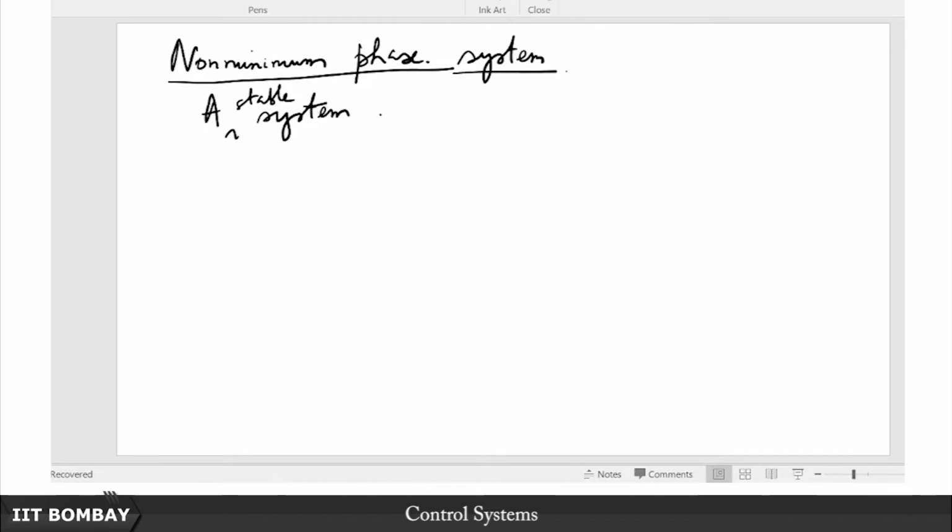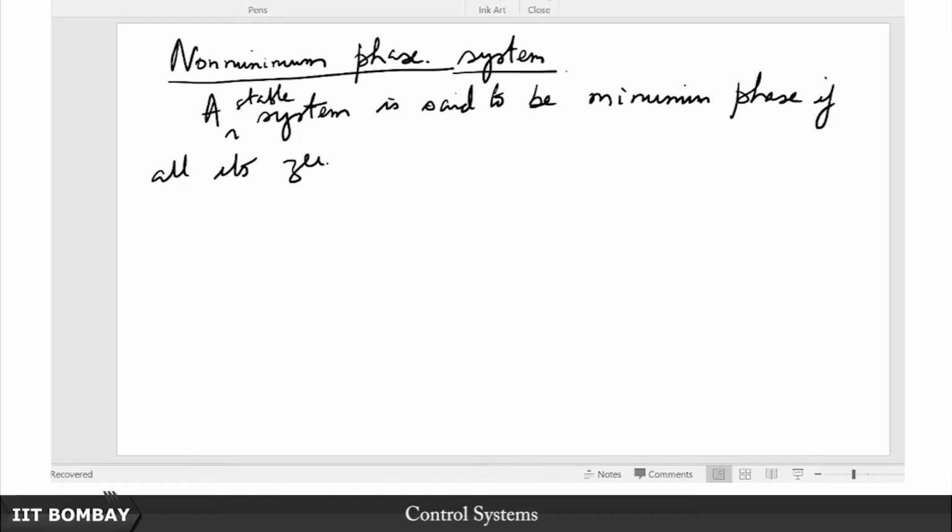A stable system is said to be minimum phase if all its zeros are in the open left half plane. You might wonder, I've given a heading of non-minimum phase system, but I'm going about defining what a minimum phase system is. Well, there's a reason behind that.